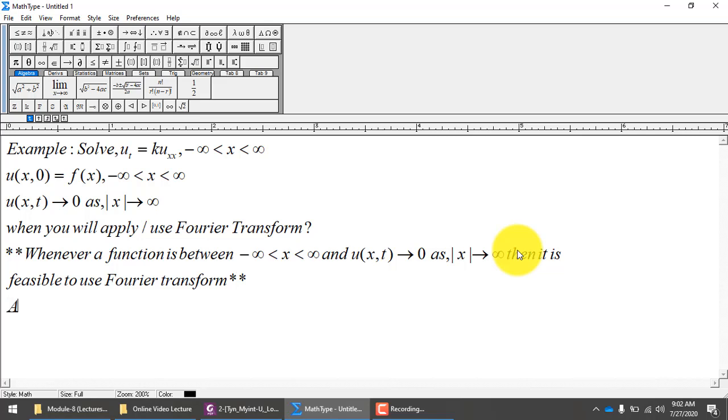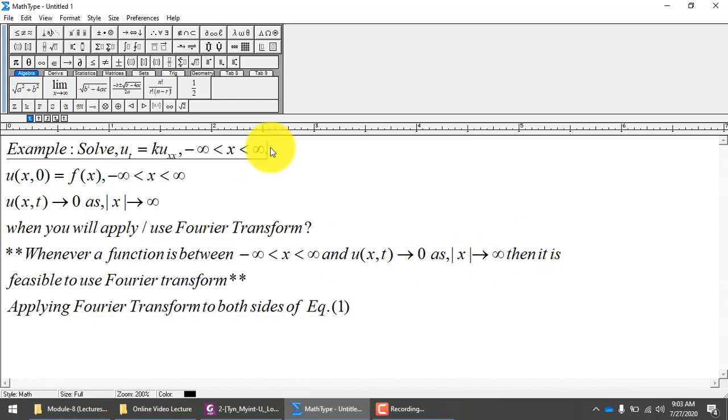Okay, so applying Fourier transform to both sides of equation 1. What is equation 1? This is the main equation, so name that equation 1.